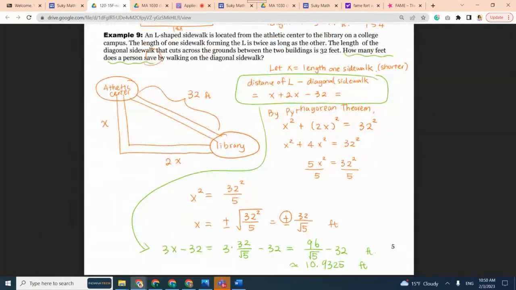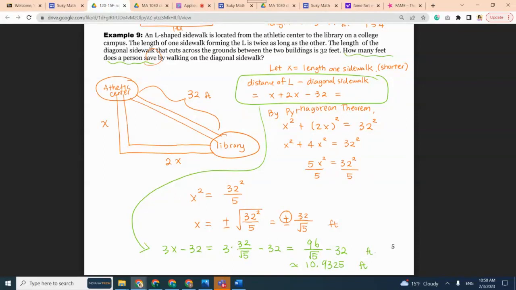So we have an L-shaped sidewalk. It's located from the athletic center to the library on a college campus. The length of one sidewalk from the L is twice as long as the other. So you set it up as x and 2x, then the shortcut. The diagonal sidewalk here is 32.